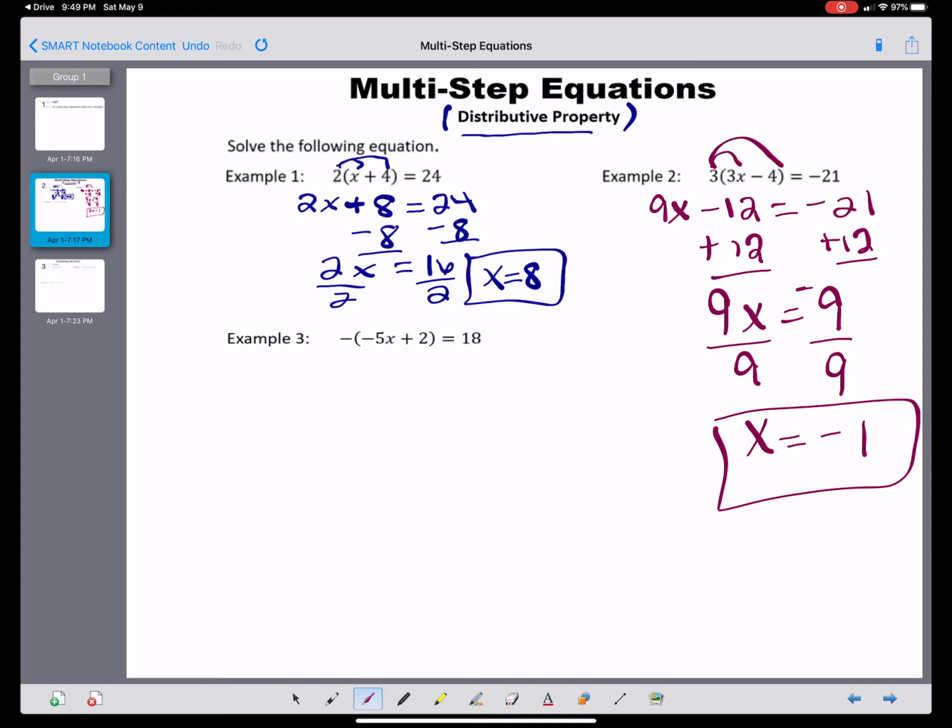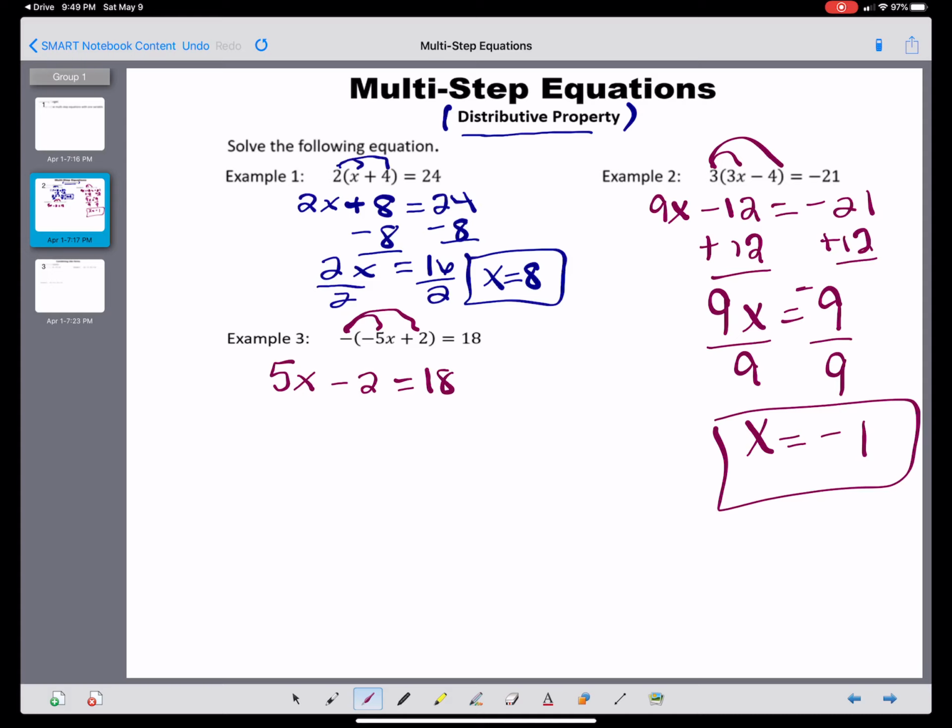Last one, I have a negative 1 outside of the parentheses, so I need to multiply negative 1 to everything inside. So negative 1 times negative 5x gives me 5x. Negative 1 times 2 gives me negative 2, is equal to 18.